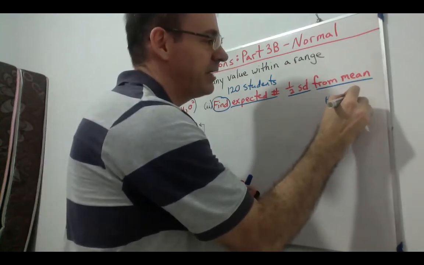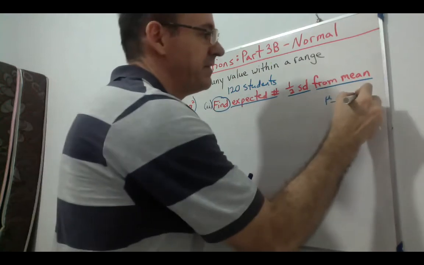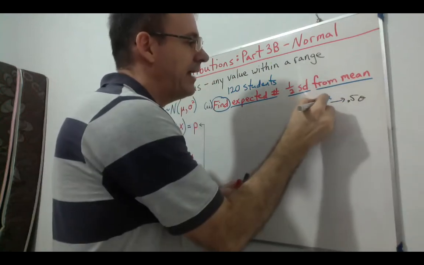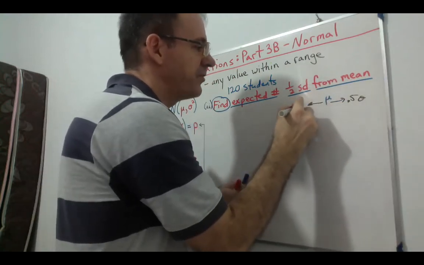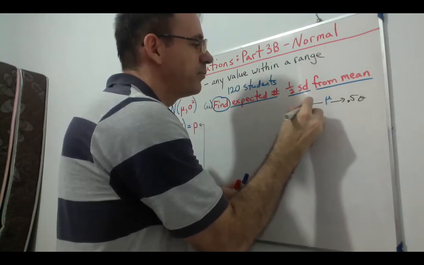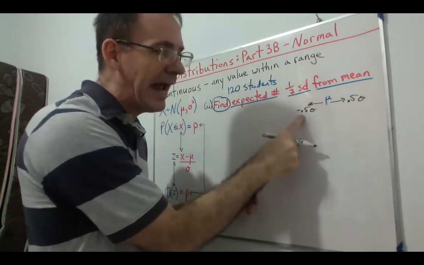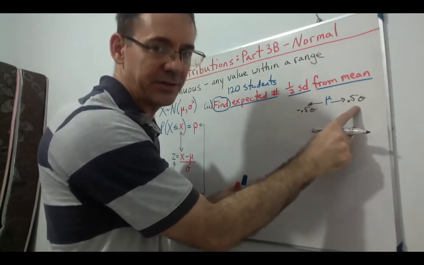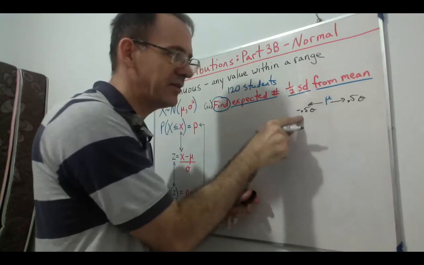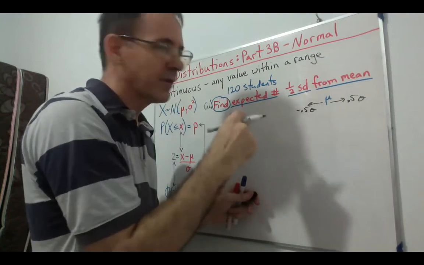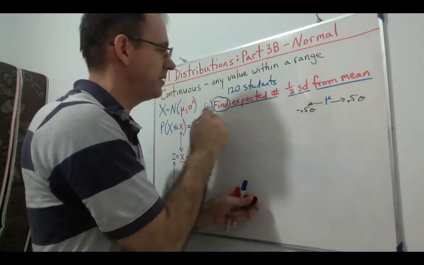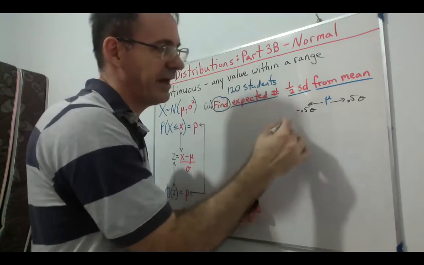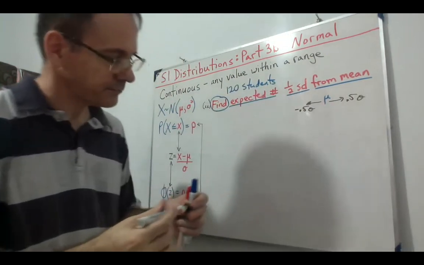That means it's going to be a 0.5 standard deviation that way. And it also needs to go this direction, which would be a negative 0.5. So it is a half from the mean. So half this way is in the positive direction, half this way is in the negative direction. So we want to find the number of these students that fall between there.